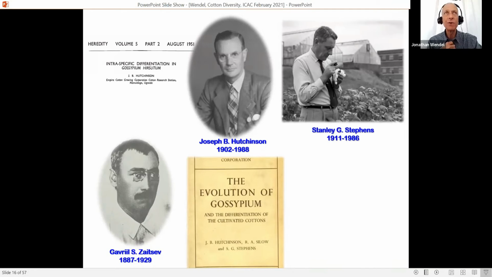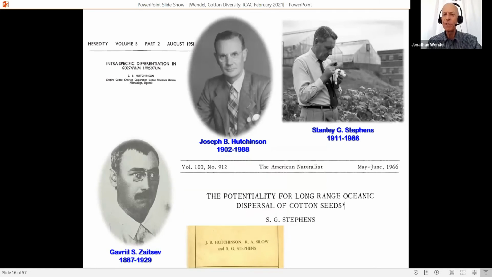He was really a pioneer in our understanding of the importance of gene duplication and evolution, our understanding of hybridization and reproductive barriers and introgression. He wrote many important papers, the potentiality for long-range oceanic dispersal of cotton seeds. Wonderful paper, important. I'll talk about its implications later today.